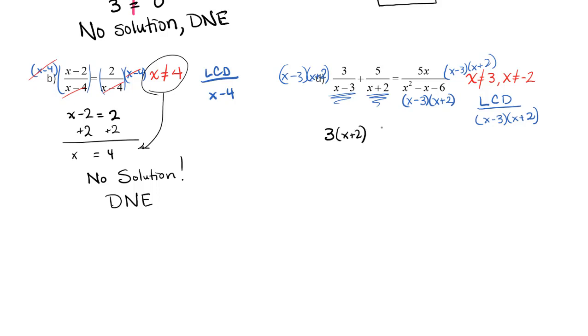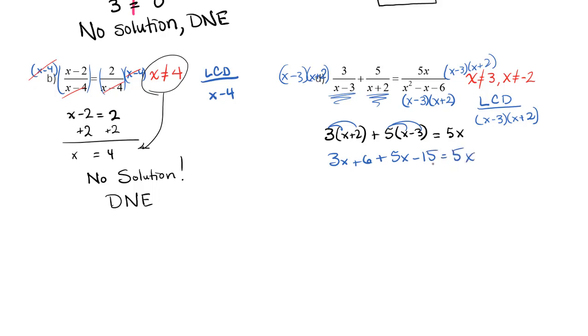My second fraction on the left will become 5 times (x - 3) equals 5x, and notice that both the factors in the LCD divide with both the factors in the denominator, and I just have 5x. Now I'll distribute. 3x + 6 + 5x - 15 = 5x.